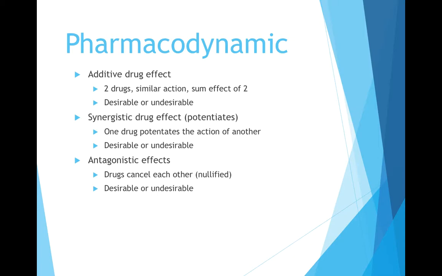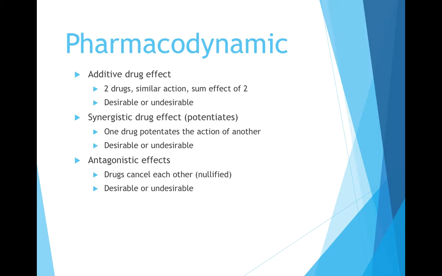We may modify the dose of the actual narcotic when we add that sedative so that we can see a synergistic effect and the patient will get the same amount of comfort. So it just depends on the combination of the drugs to cause a desired effect.